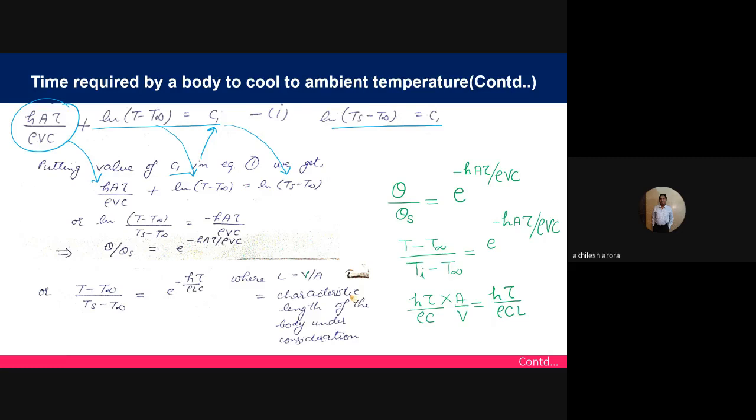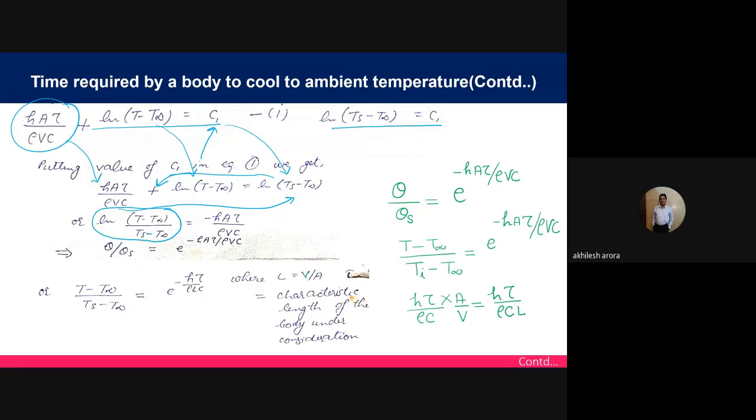And then it's quite easy. I can take this on the right hand side, and bring this term on the left hand side. So finally I will get log of T minus T infinity divided by Ts minus T infinity.